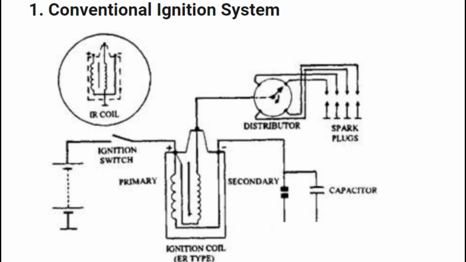Types of ignition coil. Ignition coils are of 4 types. 1. Conventional ignition coil. In a conventional breaker point-type ignition system, the battery provides power to the primary circuit. Current passes through the windings of the primary coil and creates a magnetic field. The current's circuit is broken when the points are opened, which results in the collapse of the magnetic field.